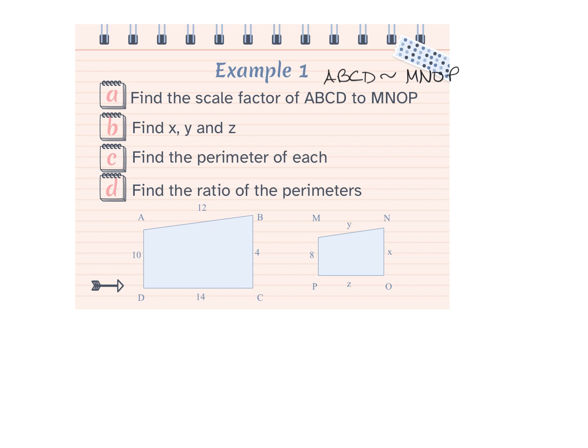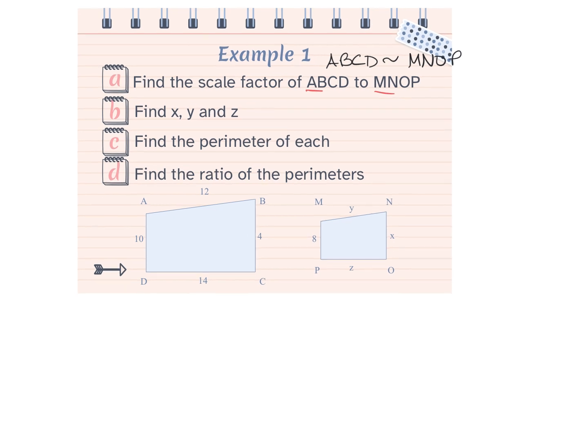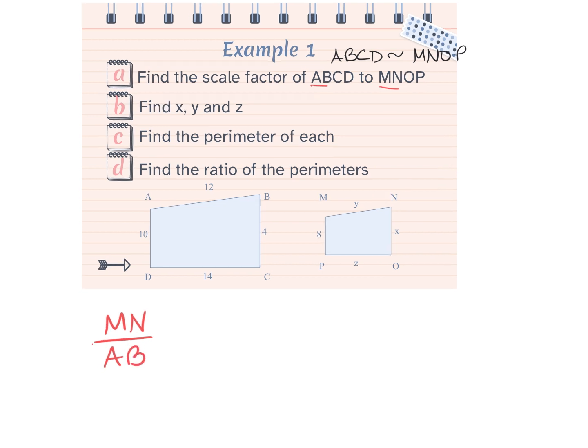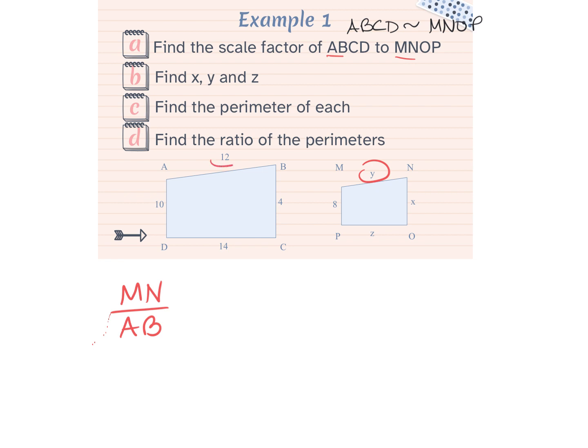So if I take the AB and put it with MN, I'm going to write my statement of proportionality right over left. So I'm going to put the MN over the AB. And MN's value is Y and AB is 12. Now that's not giving me a scale factor. I've got a variable there.